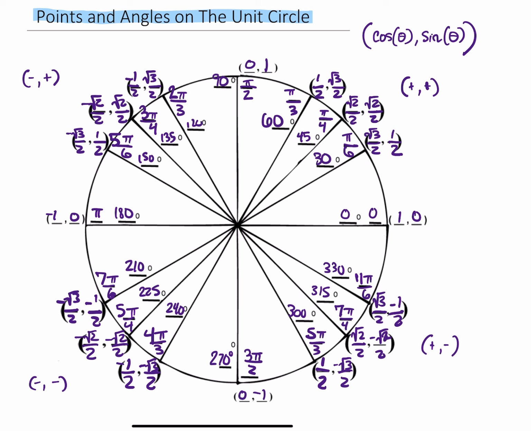So I would suggest maybe once per day for 2 weeks, try to recreate the unit circle. Maybe the first few days, try to just memorize and recreate the first quadrant. Then as you move forward, once you have the first quadrant down, try to get the symmetry of the other 3 quadrants, because the bulk of the work will be in that first quadrant.